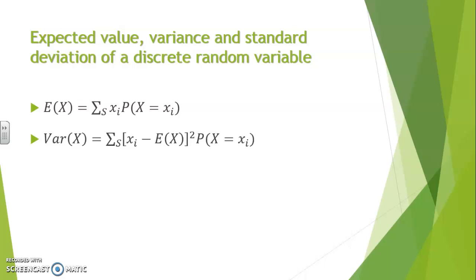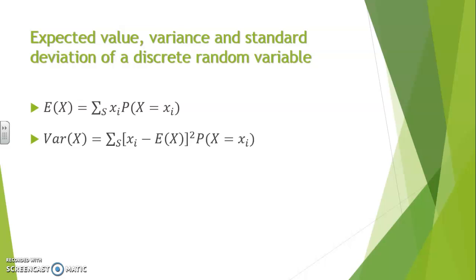The variance, which is a measure of dispersion from the expected value, is obtained by calculating the difference between the x values and the expected value. We square that difference to avoid cancellations in signs and multiply by the weight that this value of x represents, so its probability.